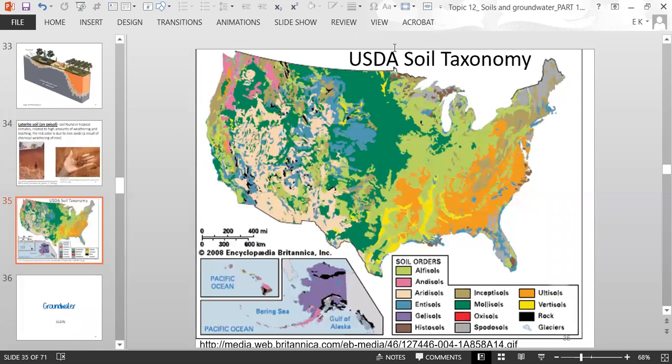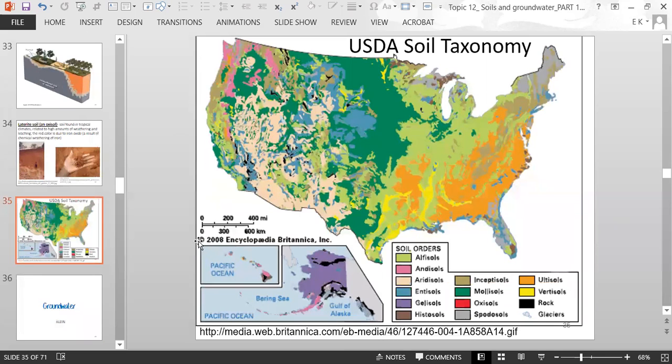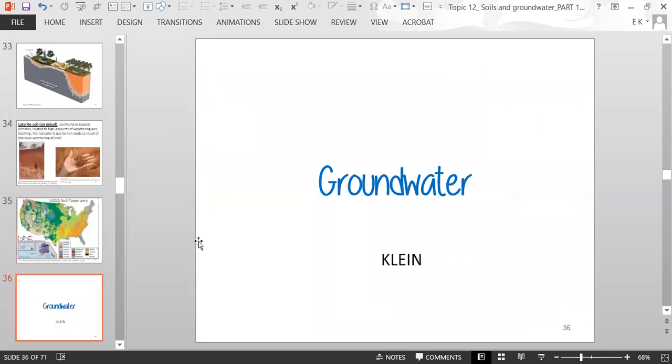And this just shows you a close-up of the United States and the soil names, the soil orders. So that brings us to the end of soils, and now we're going to start talking about groundwater.